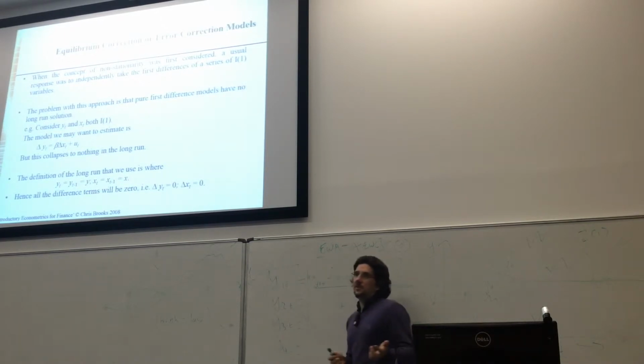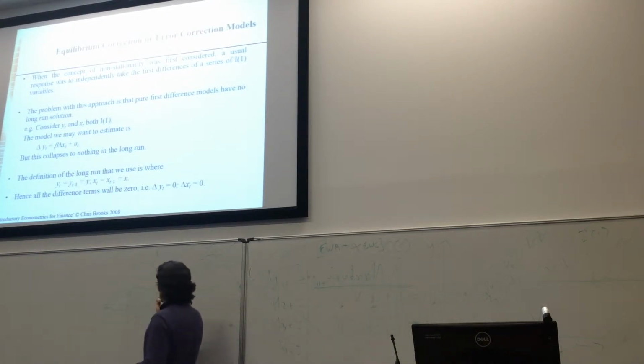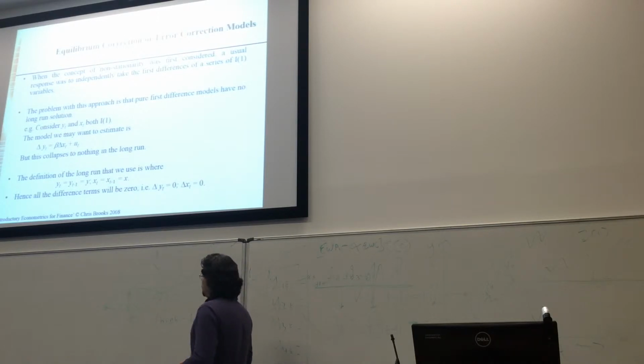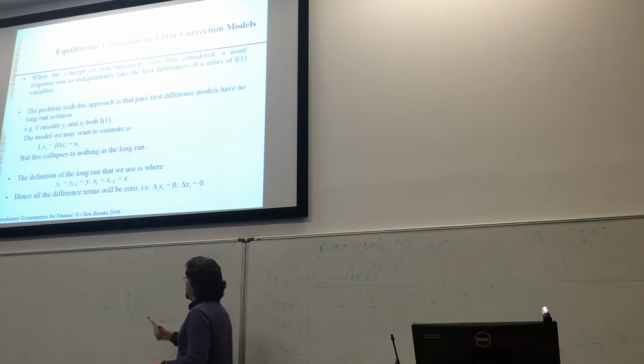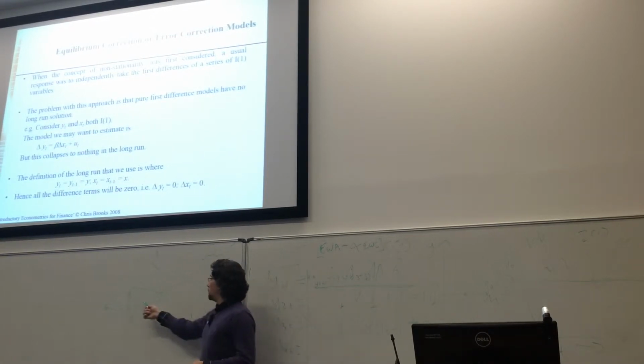Over time, we're saying that these things behave in the same way that, if someone brings their dog out, the distance between the man and the dog widens and then gets narrower again, and it's at zero. If you just ran a regression on the difference in the man's position and the difference in the dog's position, this relationship wouldn't show up.